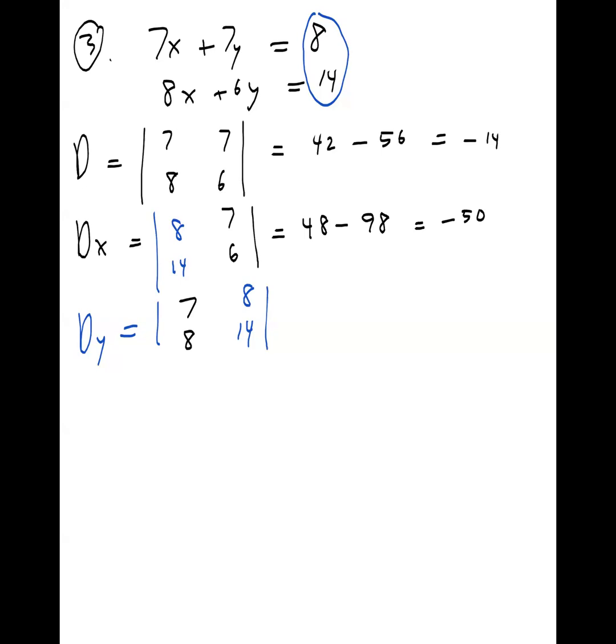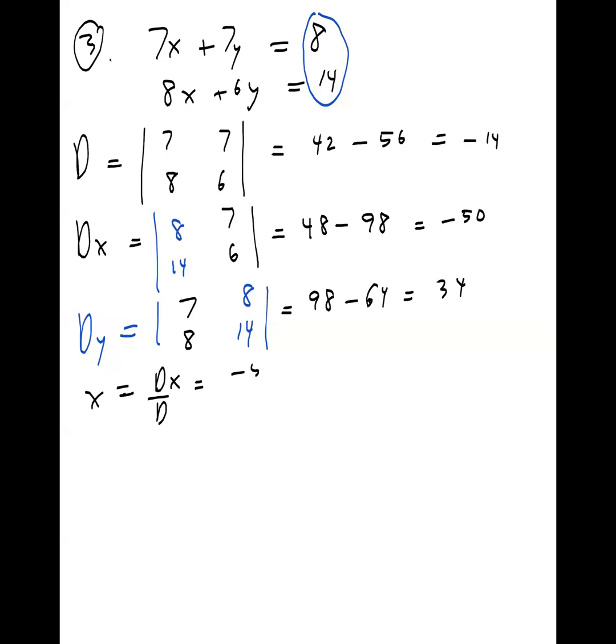And then determinant of y, we get 7 times 14, that's 98, minus 8 times 8, that's 64. That's 34. So once again, the x value is equal to the determinant of x divided by the determinant.